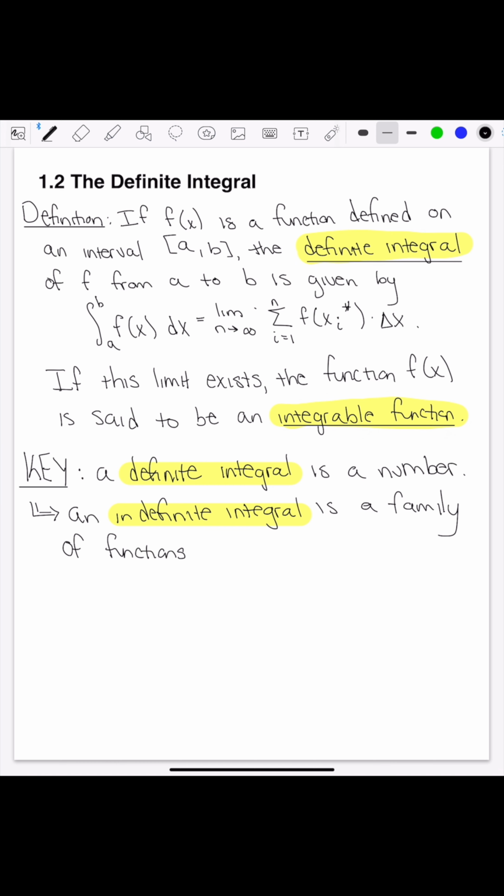Okay, so then for notation, this is the symbol for integration, right?